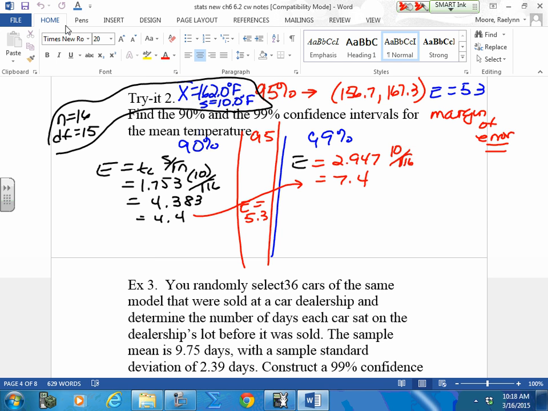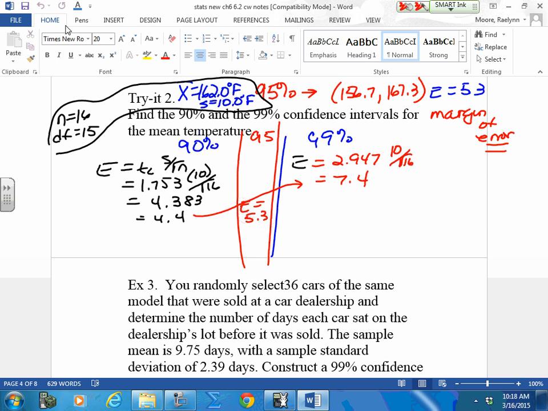What happened as your confidence level went up? What happened to your margin of error? It increased. It got bigger. So what's going to happen to your interval? Widen. So your interval will widen because your margin of error increased. It gave you more wiggle room in there. So it widened your confidence interval, just like it did with the Z-score.